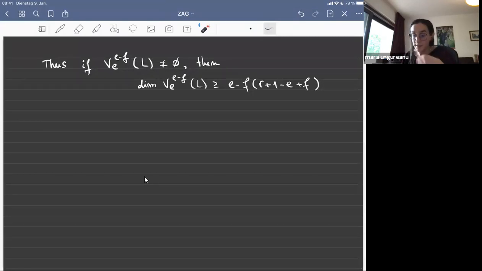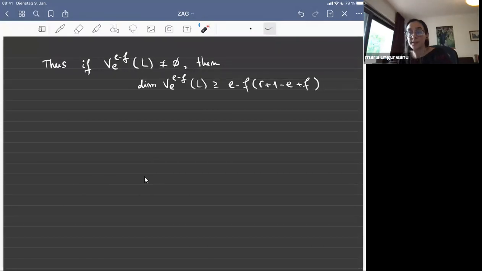So if it's not empty, then you know that the dimension of a space constructed in this way is greater or equal than some formula, which in the case that we are considering gives you this result. So you can see all the parameters that I have used so far appear: E, F, and R. However, not the degree or the genus of the curve, but anyway.